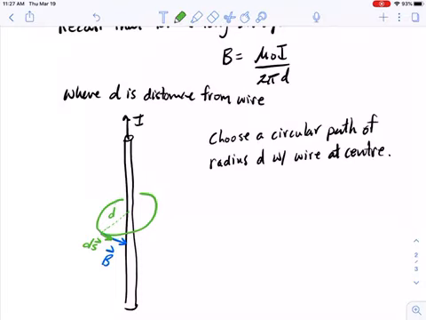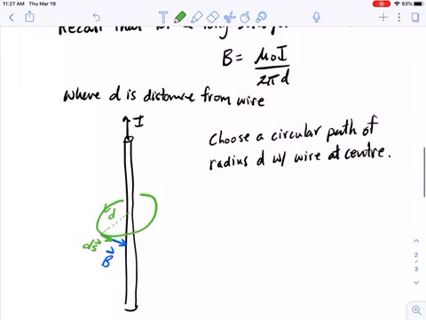So in that sense, the magnetic field and the ds, if we go around the path in, say, the counterclockwise direction, looking from above, then ds and B are parallel.